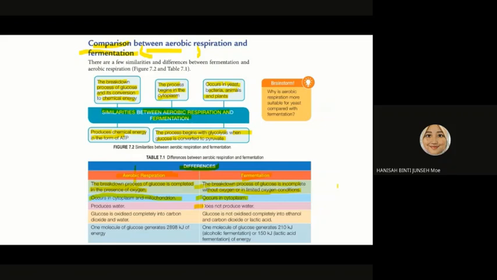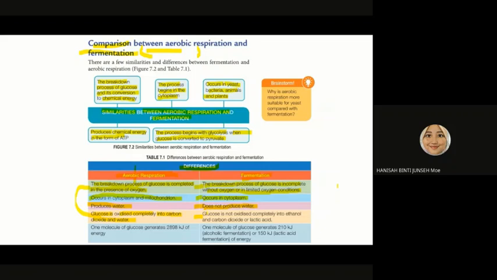Okay, the third one is about water. Aerobic respiration produces water and fermentation does not produce water. Okay, the fourth one, as you can relate that when the glucose is oxidized completely, it will oxidize into carbon dioxide and water.